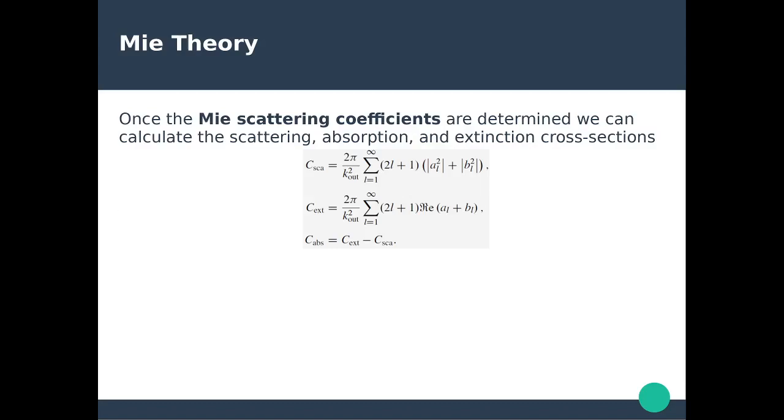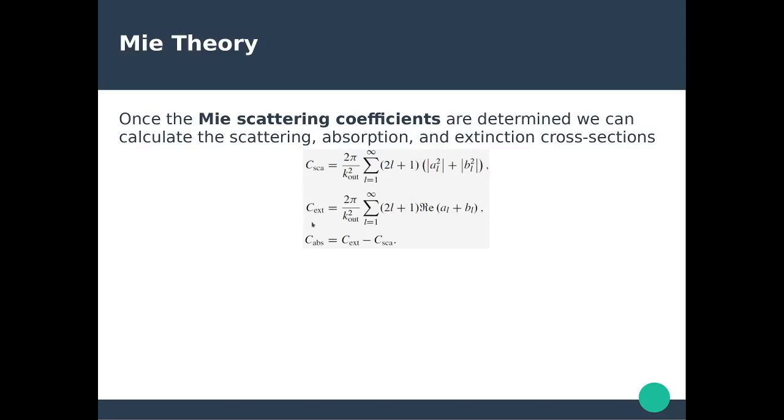If you measure an absorption spectrum or a scattering spectrum, that's basically going to tell you where the plasmon resonance is. So once you have those Mie scattering coefficients, you can calculate the scattering cross-section. This is the expression for the scattering cross-section as a function of those Mie scattering coefficients A and B that you would have calculated through the previous expressions in the slide before.